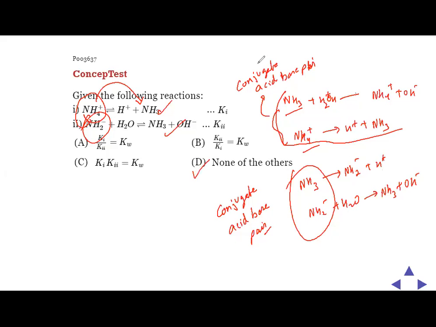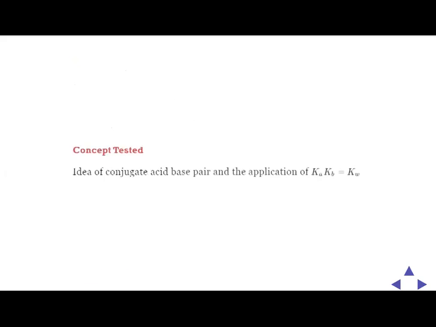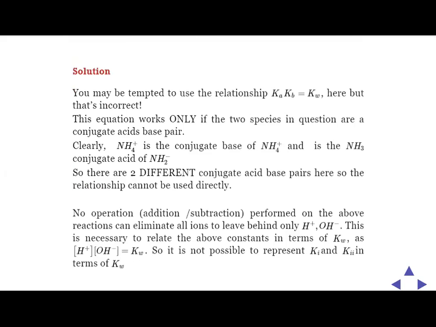So the answer should be D. Because I gave you a hint by adding these two reactions, NH3, NH4 plus and NH2 minus were not getting cancelled. So the answer should be D. Yes, it is D.